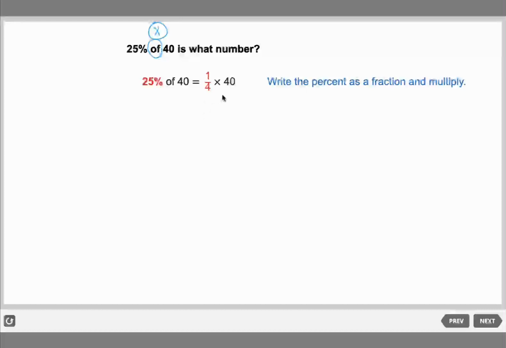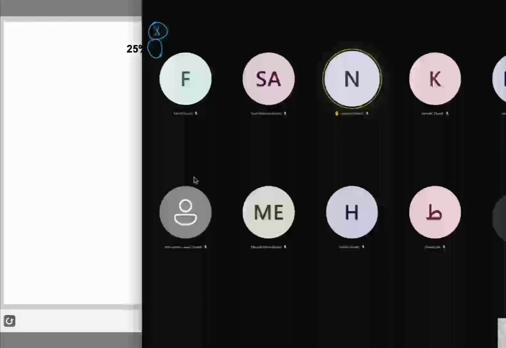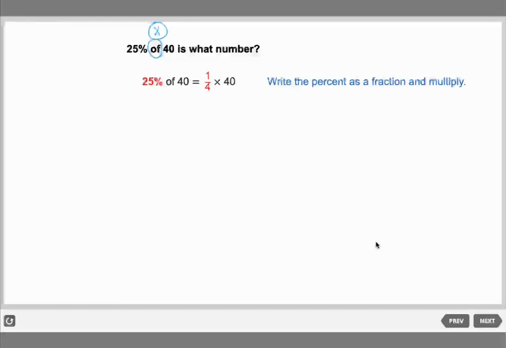Now, what is 1/4 of 40? 10. Yes. So we can divide 40 by 4. We get 10. So the answer is 10.